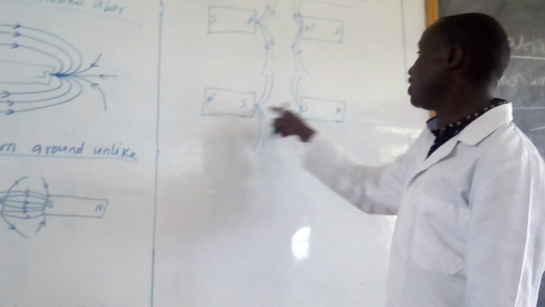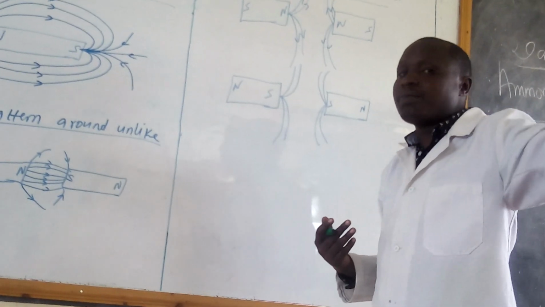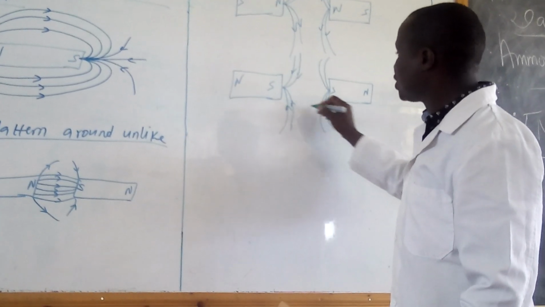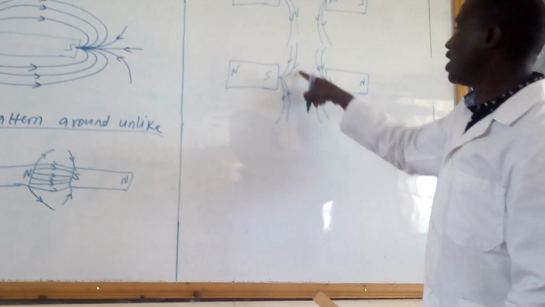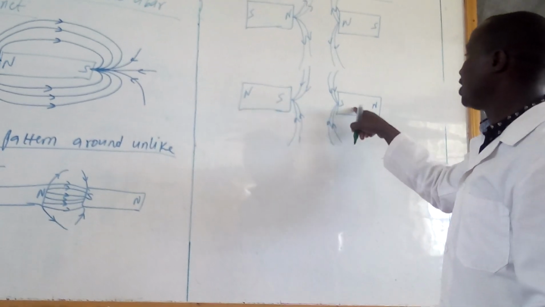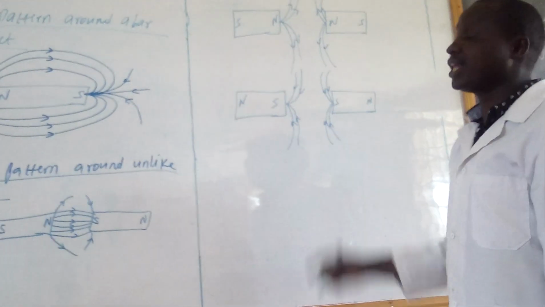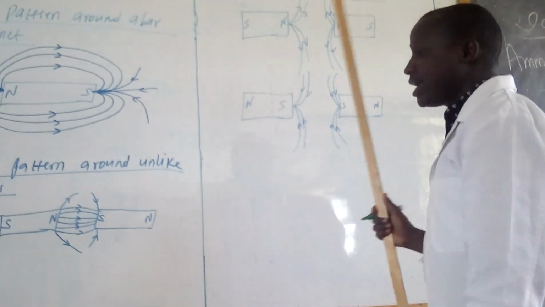This one is south, this one is south. So the arrows are coming toward the south, because they are coming from the north pole. You should show the arrows moving toward the south, toward the south pole, away from the north pole. So this is the field pattern around like poles.